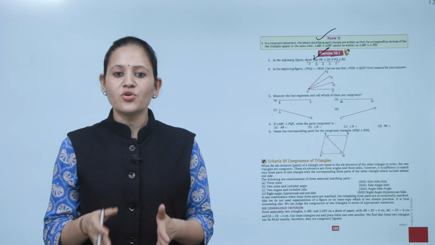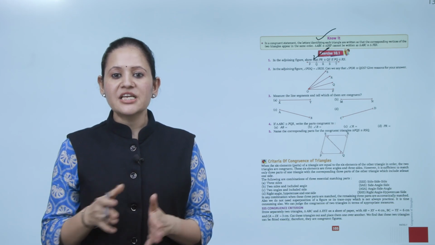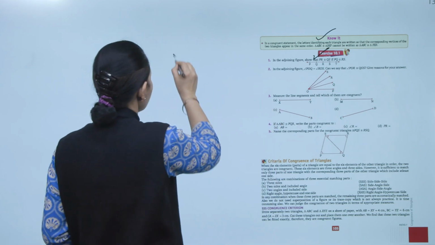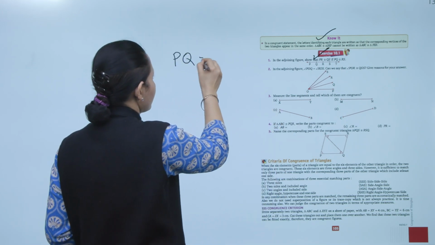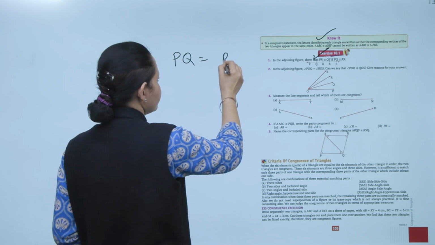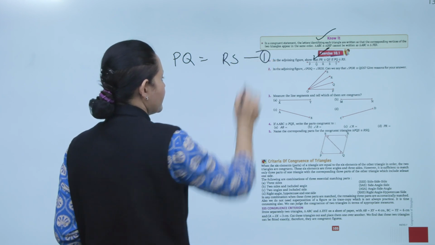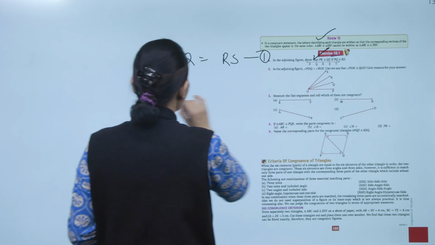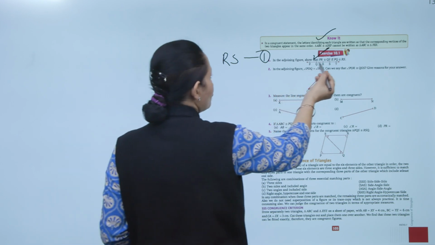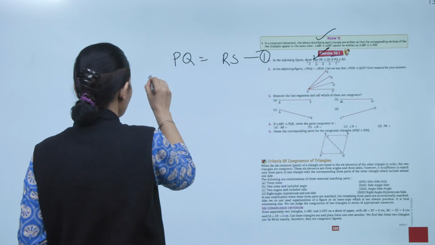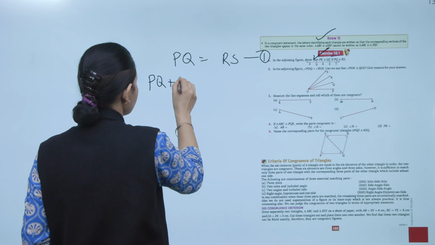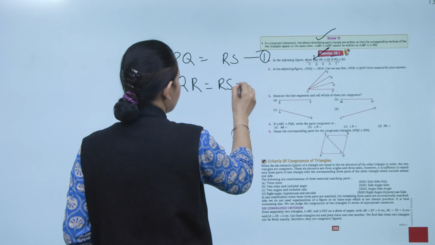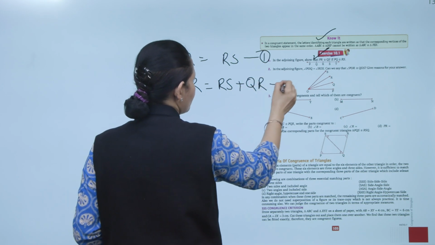Next is exercise 10.1. In the adjoining figure, show that PR is congruent to QS if PQ is congruent to RS. As we know, PQ is congruent to RS. So, this is our equation 1. Means these two are congruent and also equal. So, if we add QR to both sides, PQ plus QR equals RS plus QR, that is equation 2.